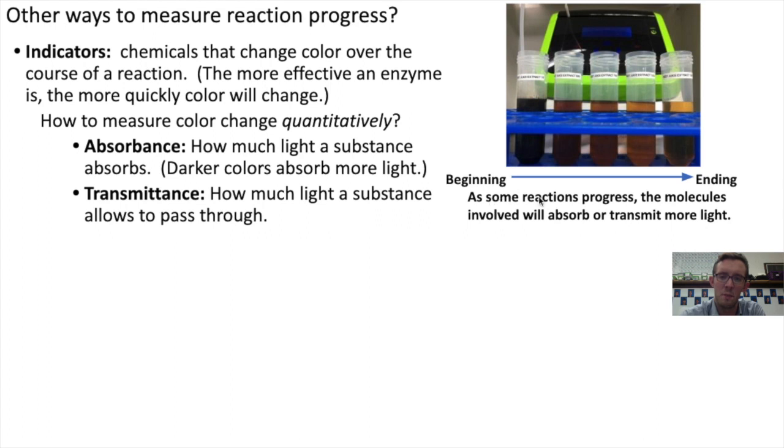And so as some reactions progress, the molecules involved will absorb more light or transmit more light as the reaction goes on. And so in this case, you can see that as this reaction went forward, the molecules involved allowed more light to transmit through, and they absorbed less light the more the reaction progressed.